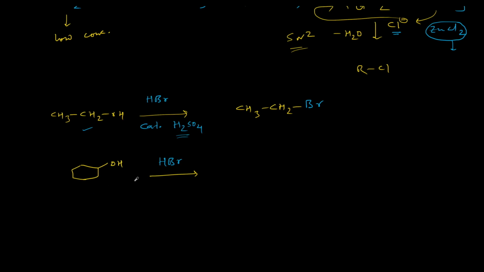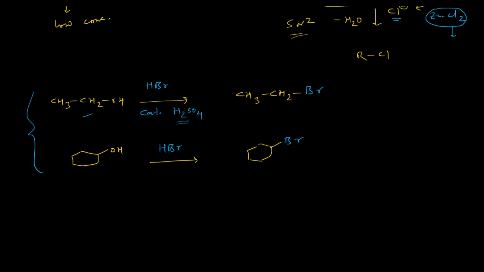And that's why only HBr is used for the transformation of secondary alcohols into the corresponding bromides. So these are the two conditions for secondary and primary alkyl bromide synthesis.